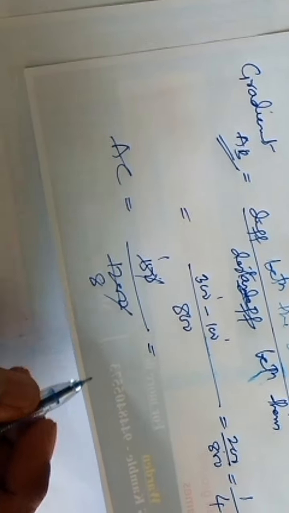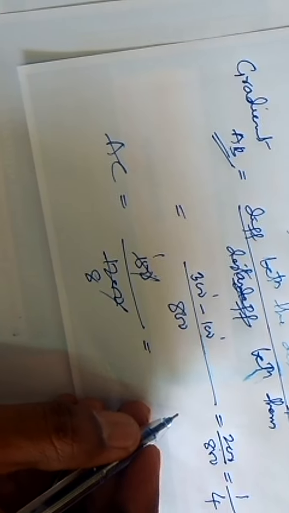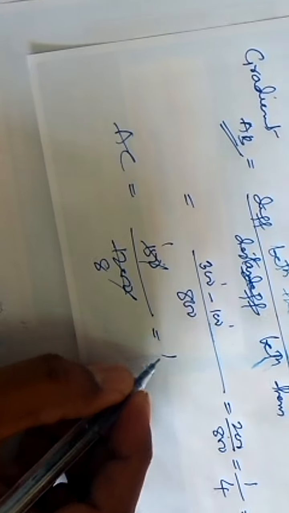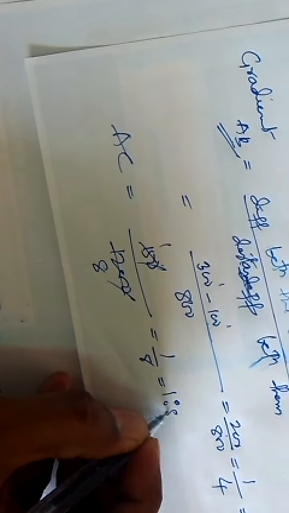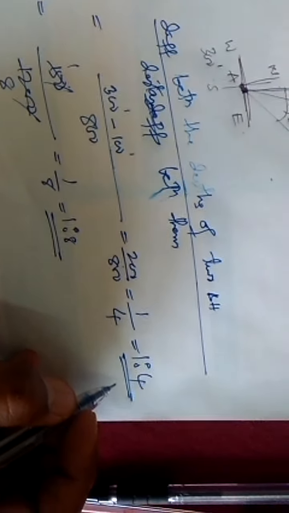Okay, here the distance is 1200. Then you will get 15 ones are 15, 15 eights are 120. You will get 1 by 8. It means 1:8, friends. So this is the gradient of AC. This is the gradient of AB.